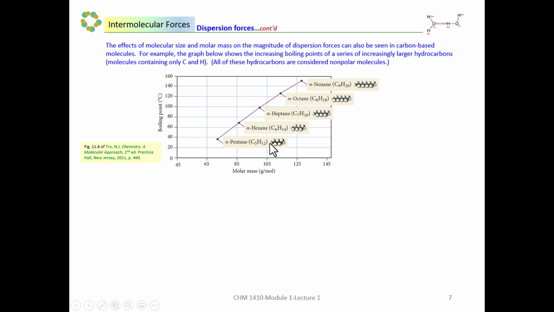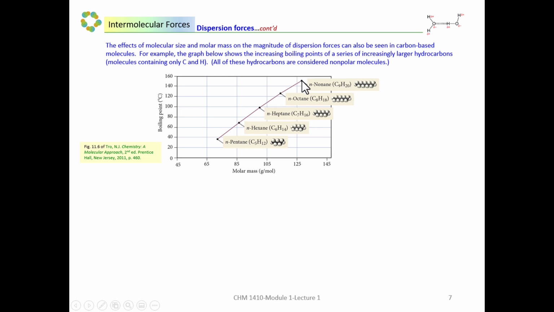And the boiling point of n-pentane, which is the lightest in this series, is a little under 40 degrees C. But as the molecules contain more and more carbon and hydrogen, in other words, become larger and have larger molar masses, their boiling points increase all the way up to nonane, containing 9 carbons and 20 hydrogens.